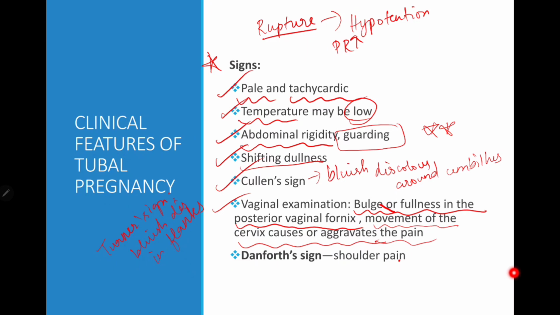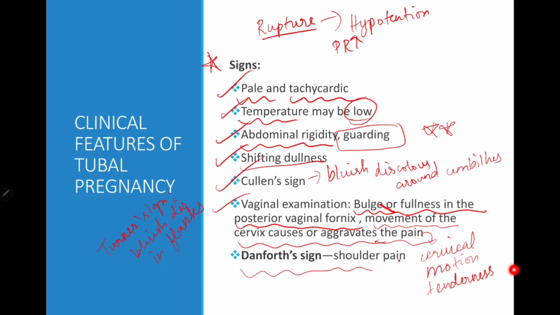Movement of the cervix causes or aggravates the pain. That is known as cervical motion tenderness. Cervical motion tenderness means when you are moving the cervix, the patient is going to have tenderness. It is seen in pelvic inflammatory disease and ectopic pregnancy.